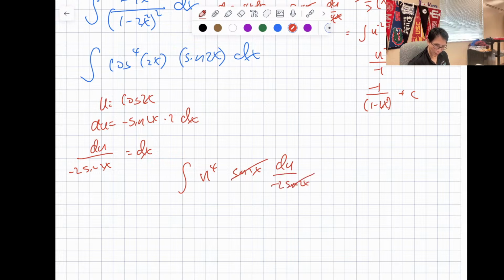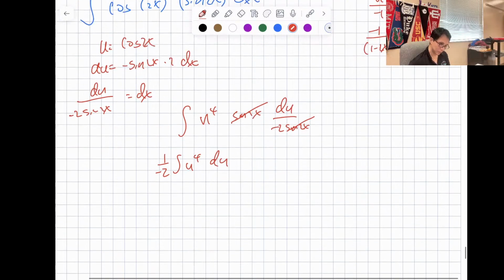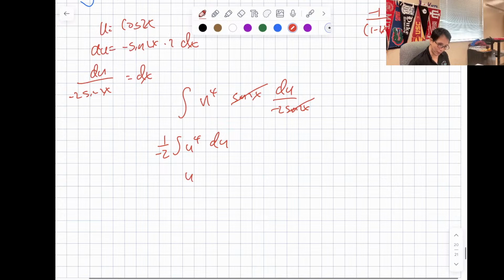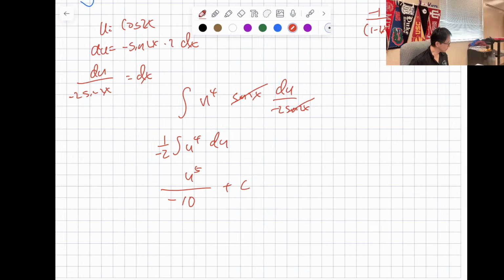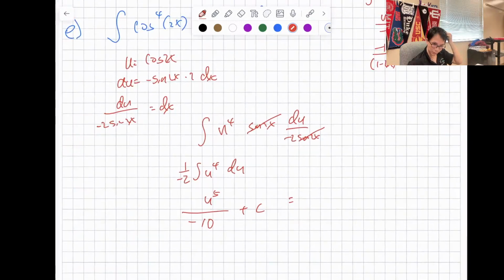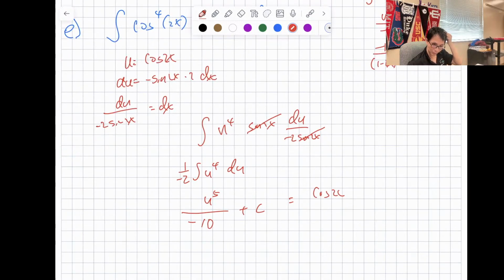So this cancels out, but 1 over negative 2 is outside. So u to the 5 over 5. Is that okay? And that's equal to, u is cosine of 2x, so cosine of 2x to the 5th power over negative 10 plus c.